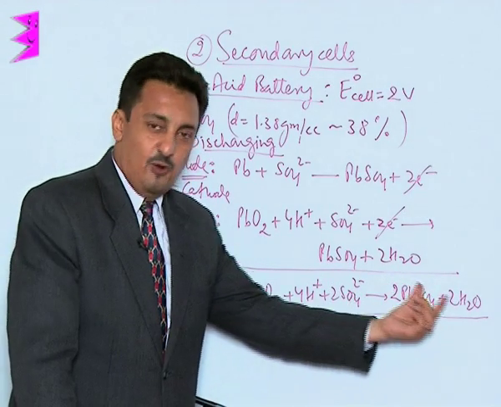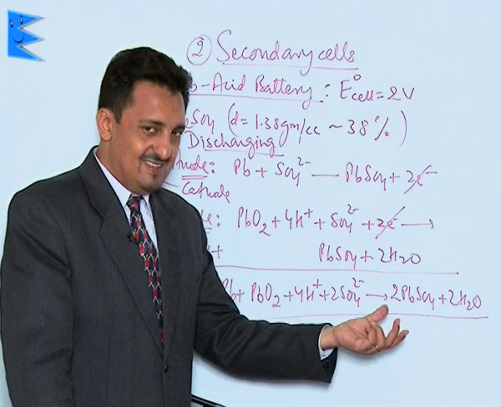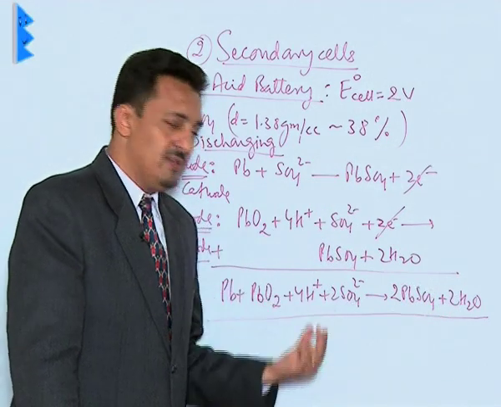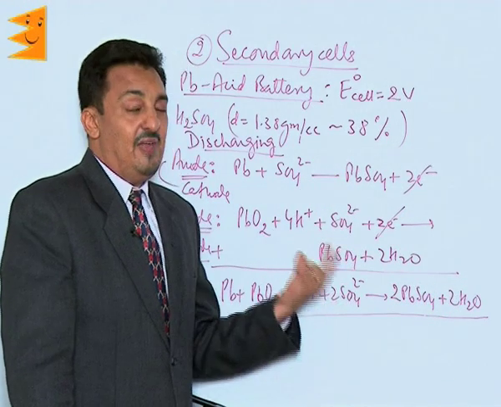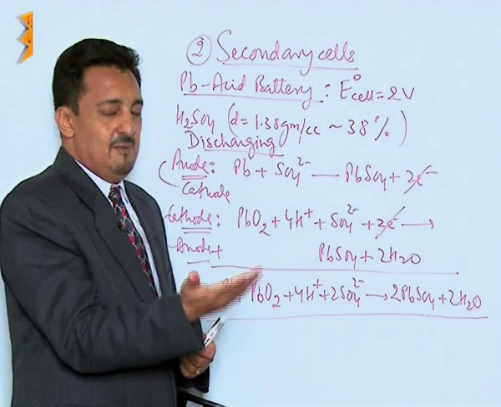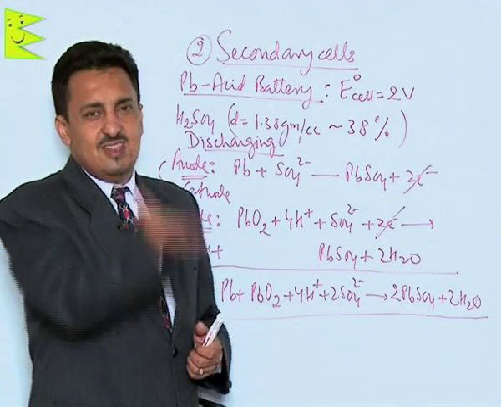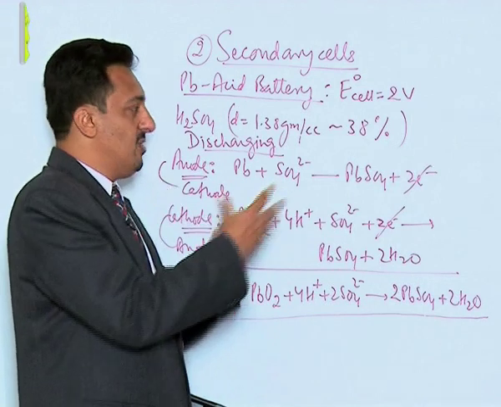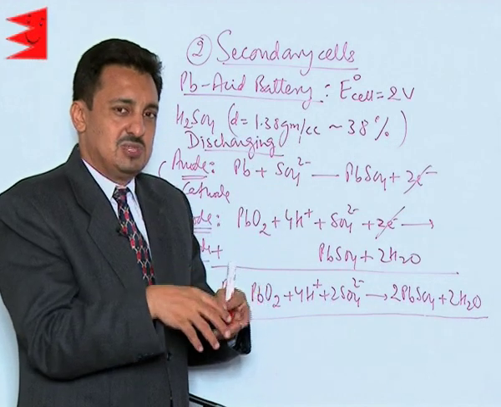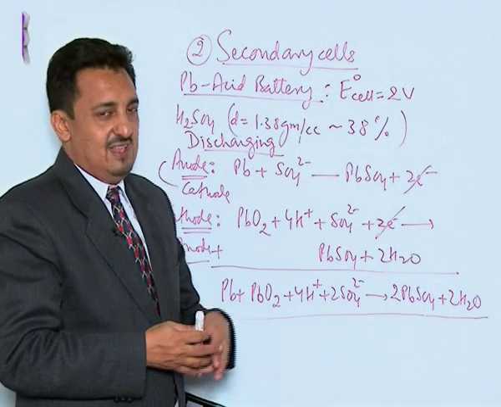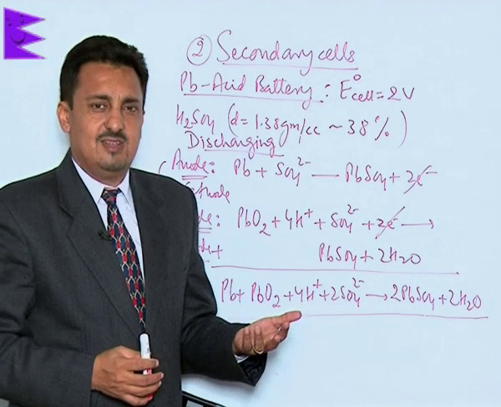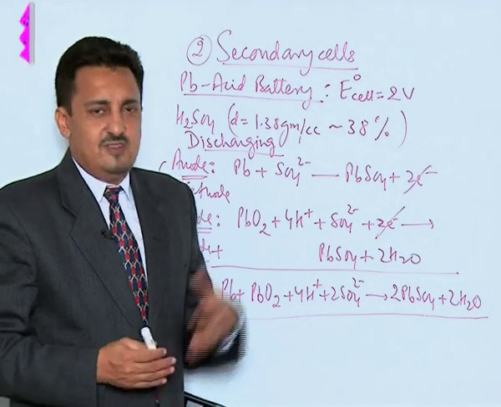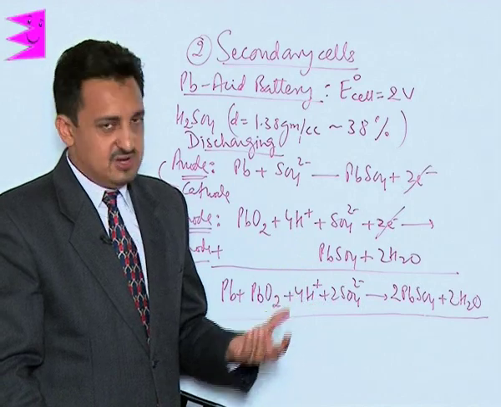The water formed, which had decreased the density of the sulfuric acid, is consumed. Sulfuric acid is formed again, so the density rises and the potential increases again. Once it becomes more than the one applied from outside, the circuit gets disconnected, and we say that the battery is completely charged. So this is how the lead acid battery functions.